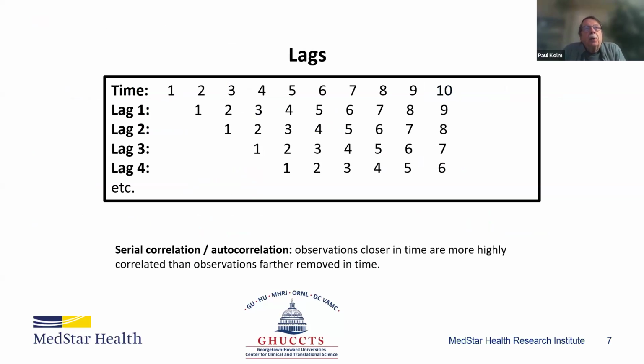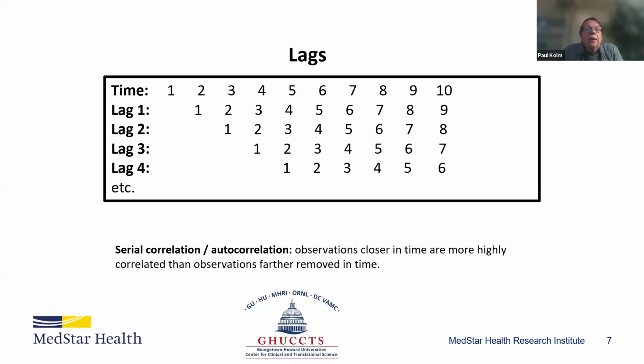we then look at the lag. So lag 1 would correlate time 1 with time 2, time 2 with time 3, 3 with 4, and so on. And then the second lag would correlate time 1 with time 3, time 2 with time 4, and then so on, as you can see here.